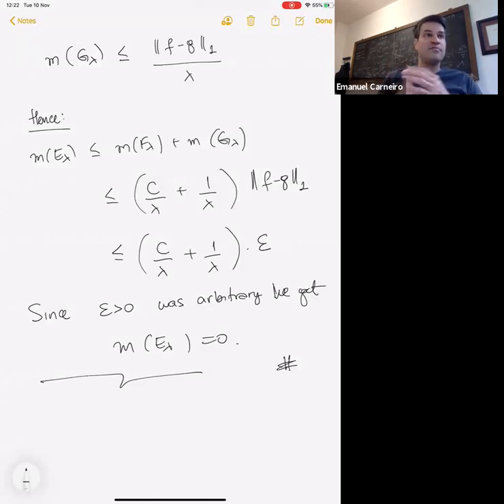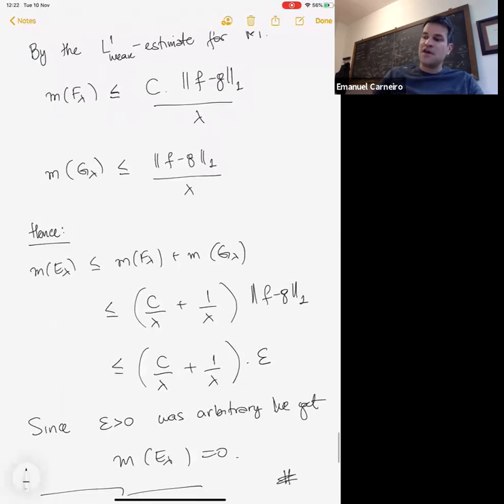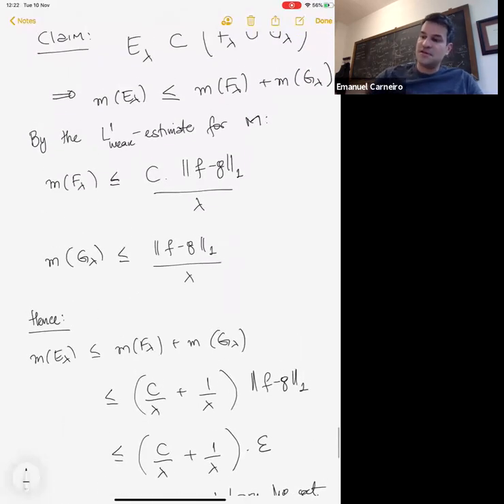This is an example of a pointwise convergence result, where we needed to study the maximal operator associated to it and prove some sort of boundedness for it. And you saw in the proof how the boundedness of M appears in this step. This is crucial.